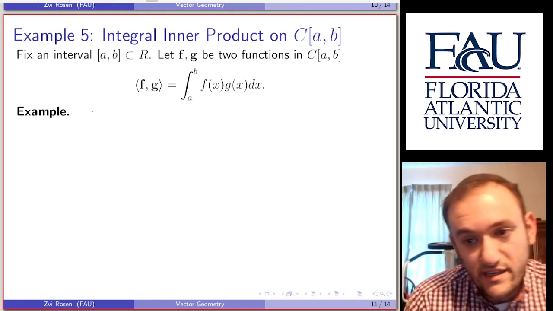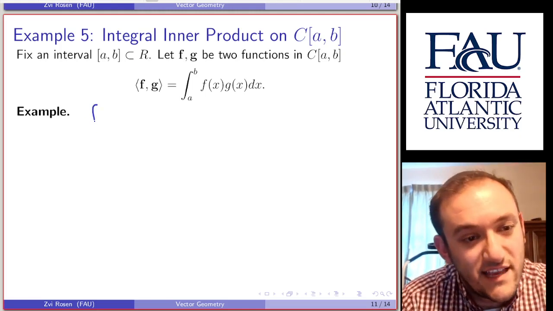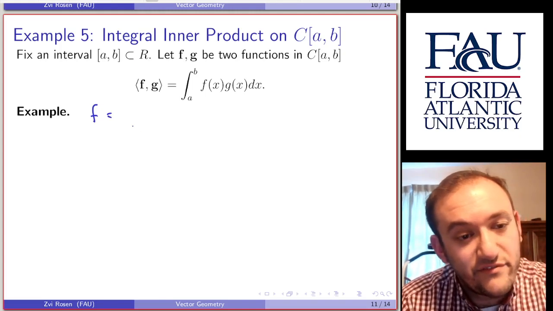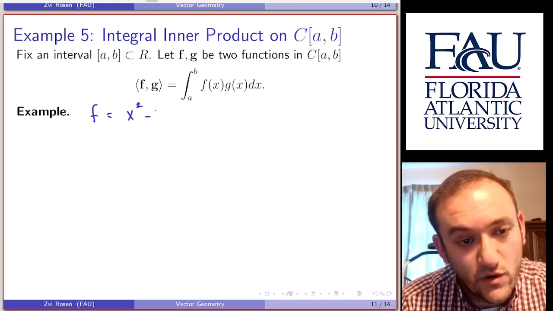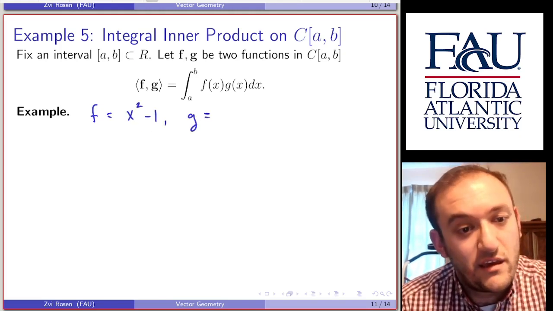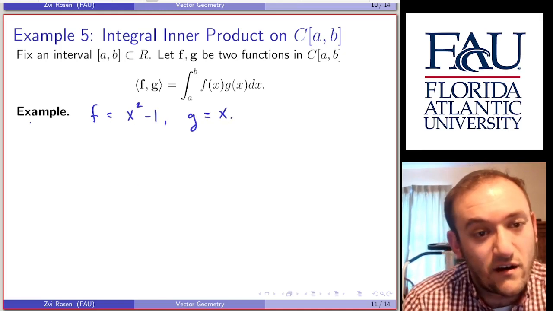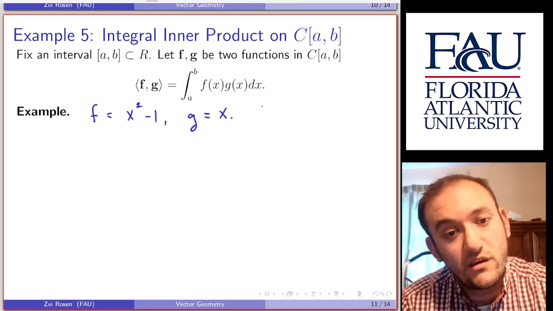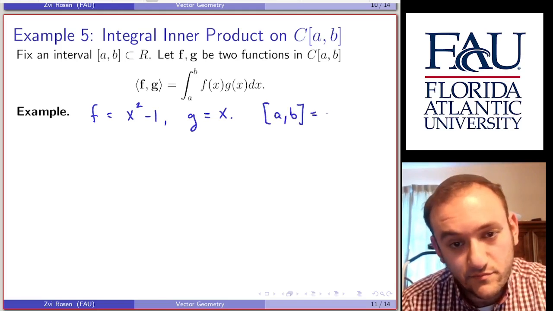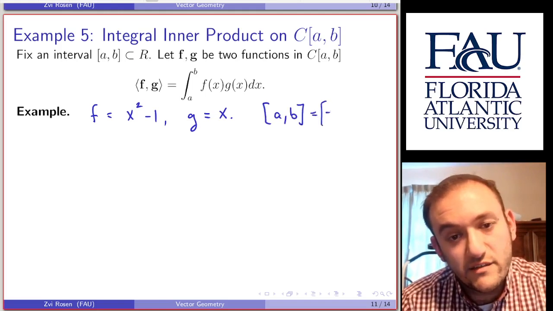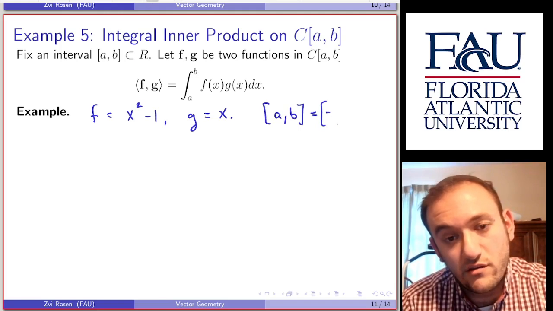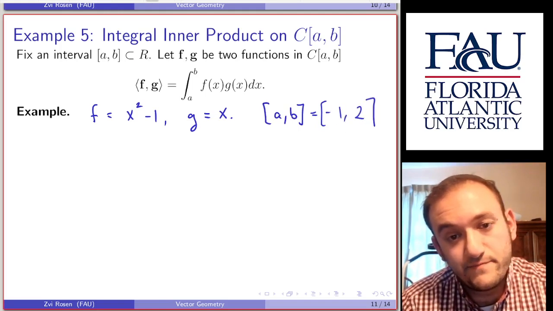Okay, so here's an example. We can use the same functions as last time, actually. So we can have f being x squared minus 1 and g being x. And now we can take our interval to be, let's make it, -1 to 2.